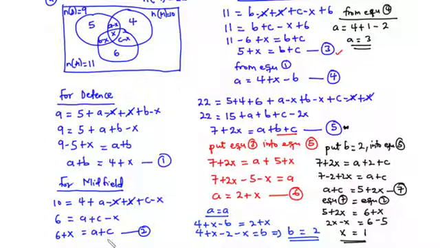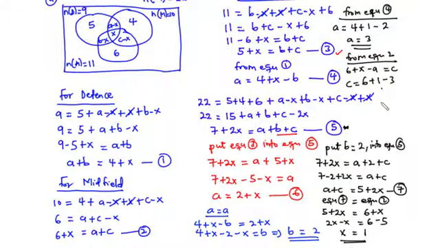From equation 2, we have a plus c equals 6 plus x. So from equation 2, we can transpose a to the left hand side. So that becomes 6 plus x minus a equals c. So c is equal to 6 plus x is 1 minus a is 3.